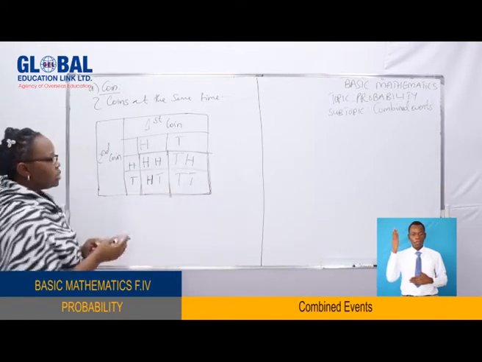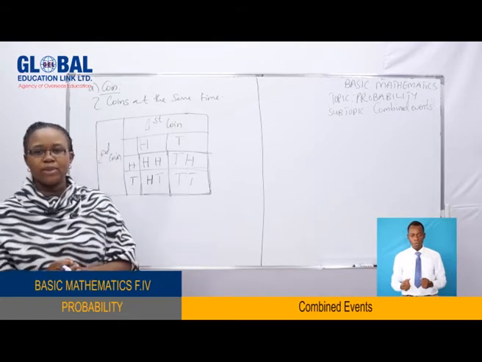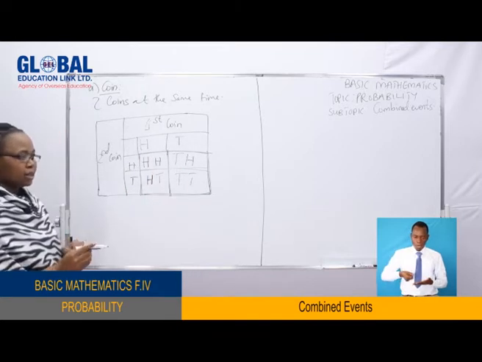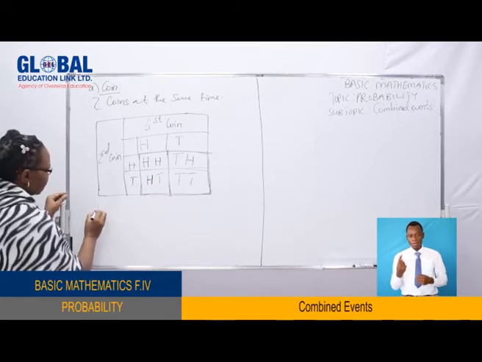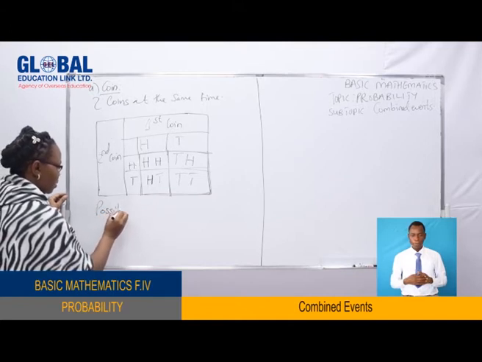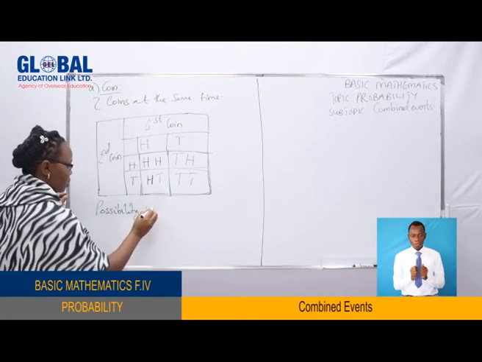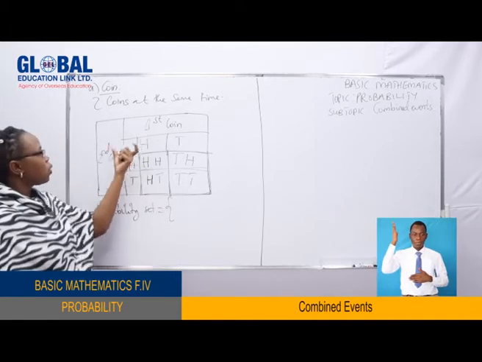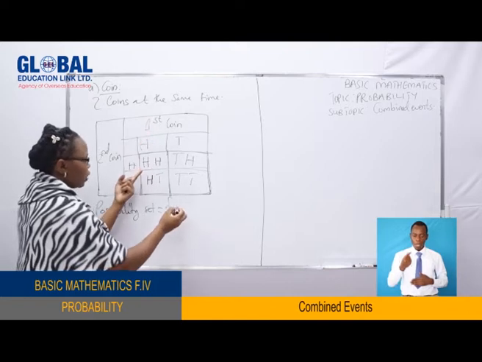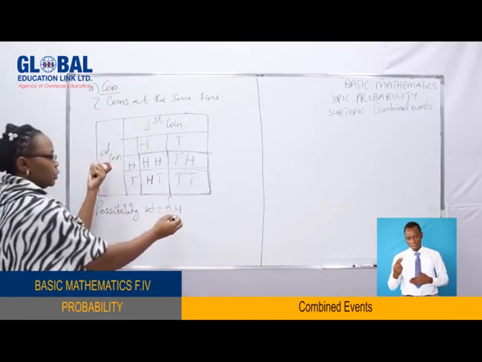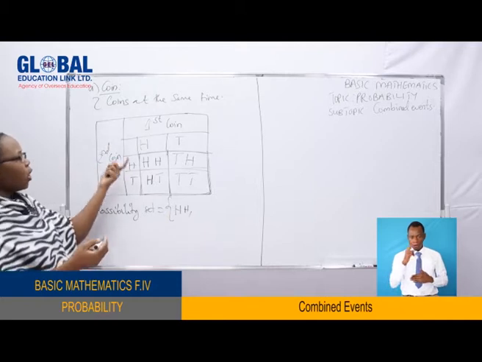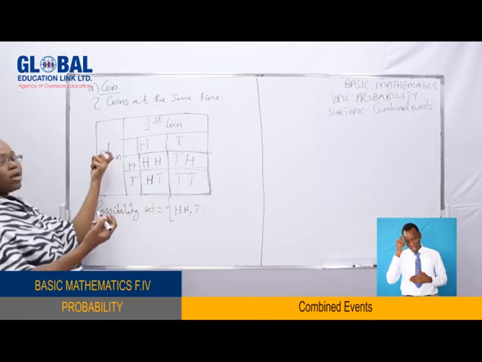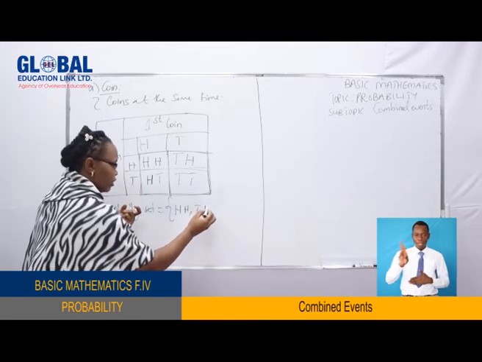These are the possibility sets. We can write those possibility sets as follows. When we toss these two coins, the first one shows head and the second coin shows head. Or the first coin shows tail, then the second coin shows head.